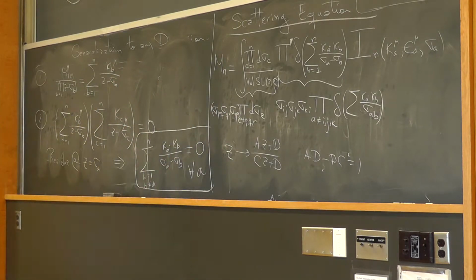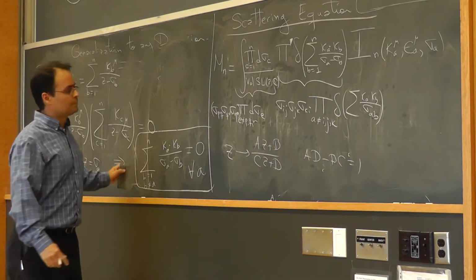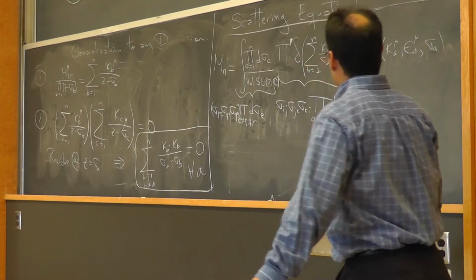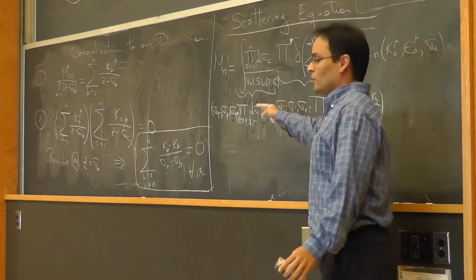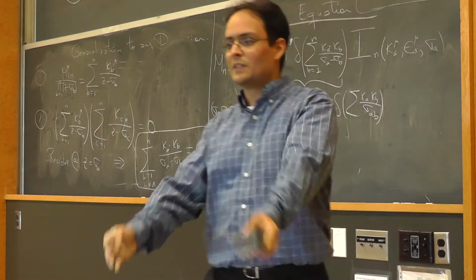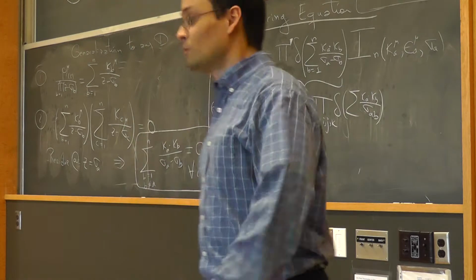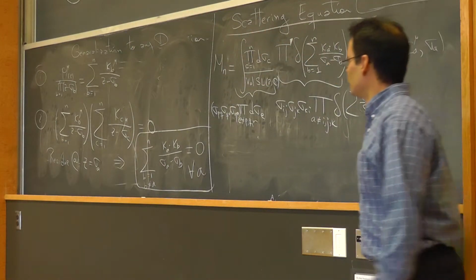Isn't that amazing? It's exactly the same that appeared on the other side. So maybe there is something to it. Very good. So at least we can make sense of this formula now. This is a formula that makes sense, and we can compute with it if we only knew what this object was.